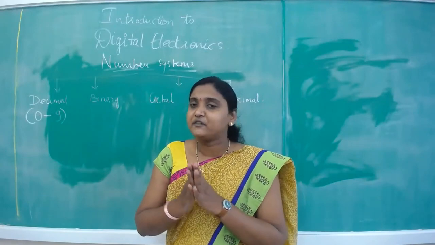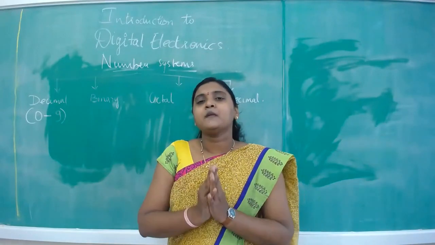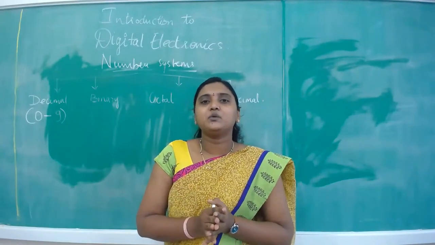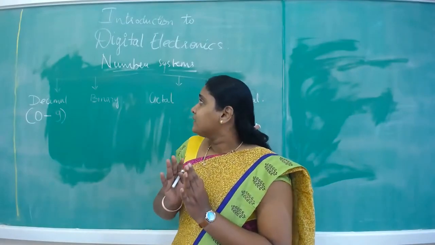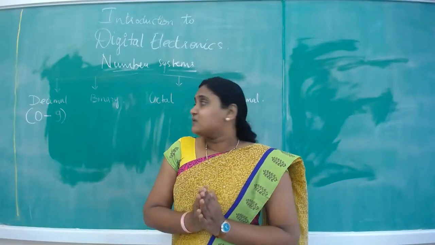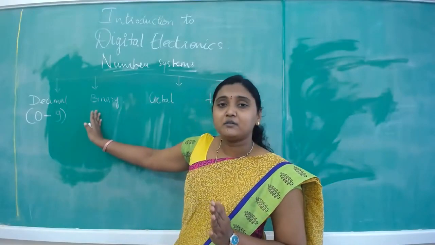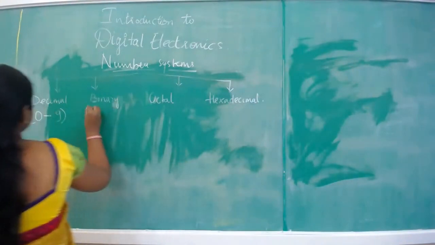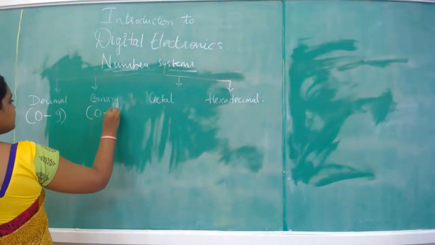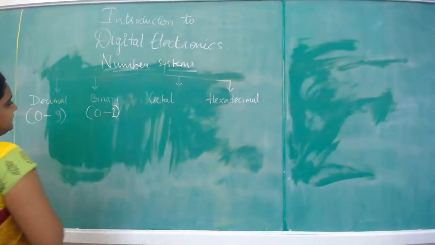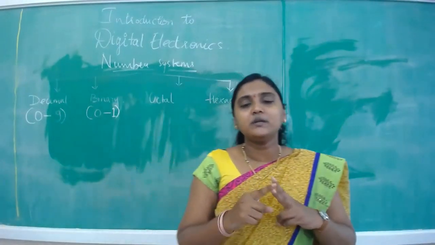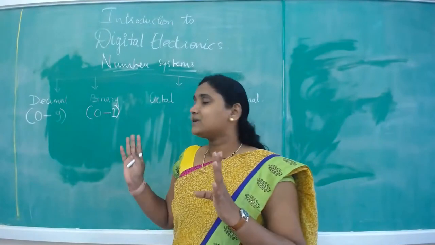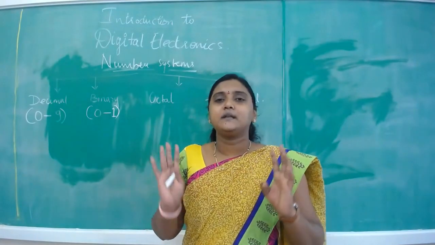But it is different for digital systems. Even at the computer level, all digital systems follow the next type of number system, that is the binary number system, which has only 2 symbols, 0 and 1. It understands only 0 and 1. It does not understand 2, 3, 4, 5, 6, 7, 8, 9.